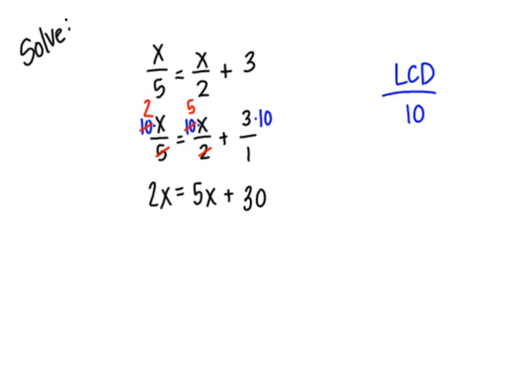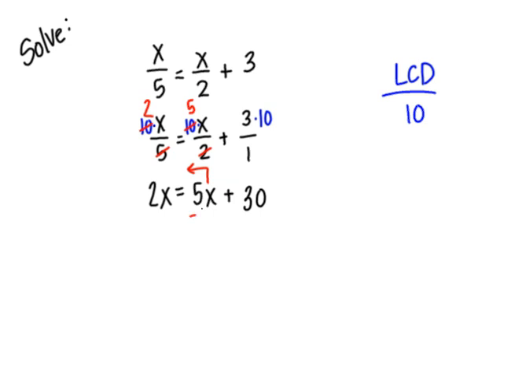My resulting equation is 2x equals 5x plus 30, and there are no fractions, and that was the purpose of working it in this method. At this point, I want to get the x's together, and even though the 5x is bigger, it is going to be easier for you if you choose to move the 5x.